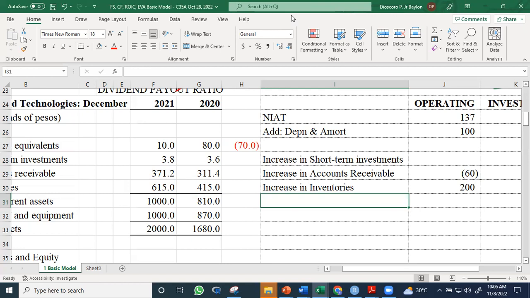Let me repeat what we have done so far. So increase in receivables, we said that it falls under operating and it's a source of cash. Increase in inventories, it's operating and it's a source of cash. So don't you see any conflict here, class?